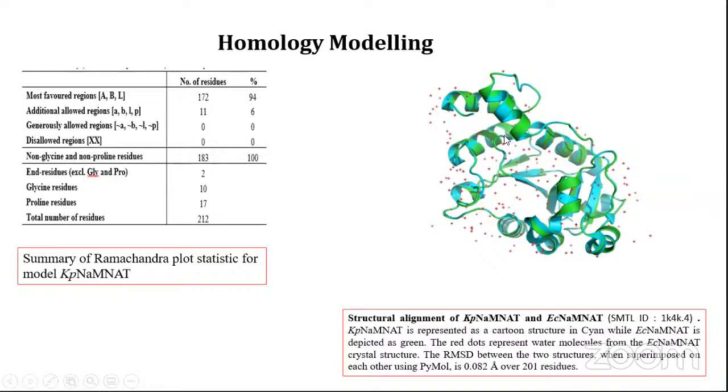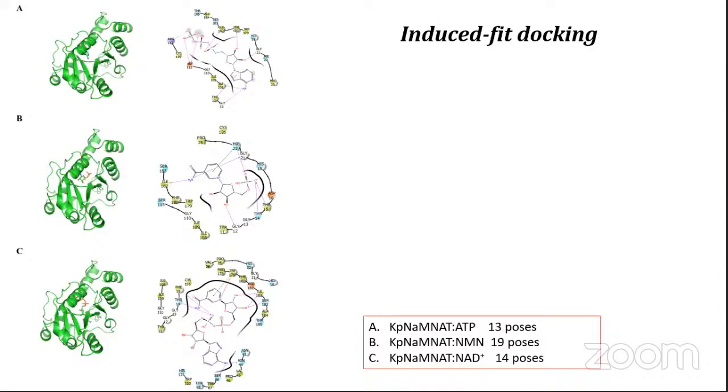Furthermore, from the structural alignment of KP-NAMNAT and E. coli NAMNAT, the RMSD, that's the deviation between the two structures, is very minimal, just about 0.082, which shows that this structure is reliable for the computational study we are about to carry out.